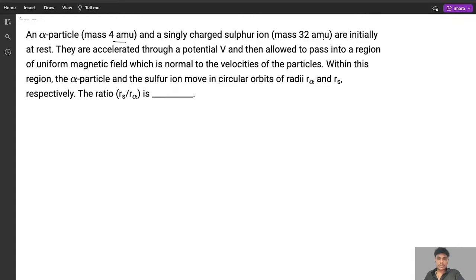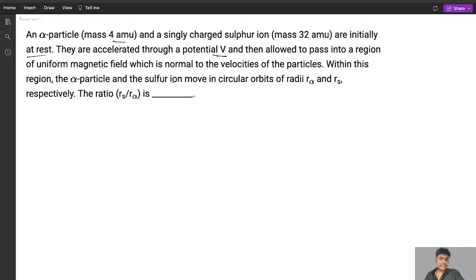of mass 32 mu are initially at rest. They are accelerated through a potential V and then allowed to pass into a region of uniform magnetic field. Okay, first we accelerate the charged particle through a potential V and then allow it to pass into a region of uniform magnetic field which is normal to the velocity of the particle within this region.